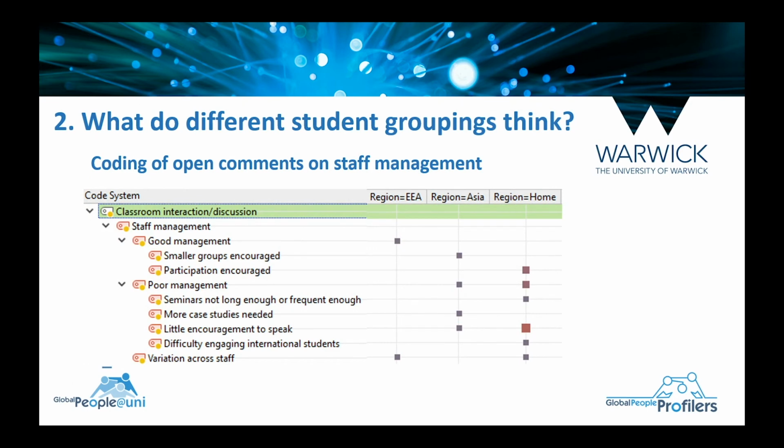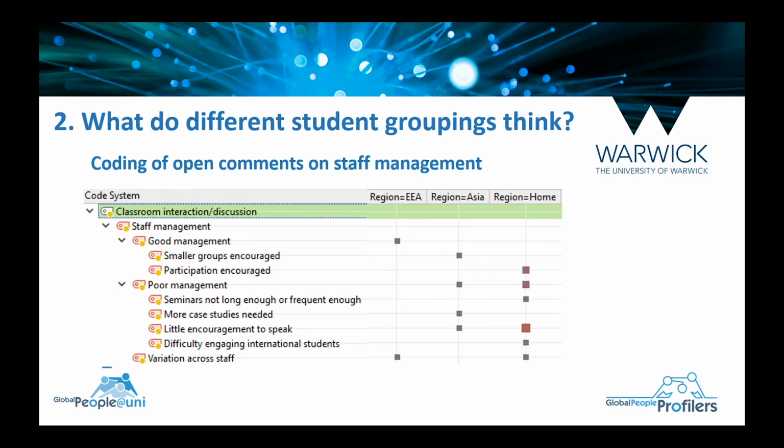This brings us on then to the question, hinted at in some of those items, of interaction with staff and how far the students felt the staff were responsible. So we did some coding of the open comments, including these on staff management of a diverse classroom.